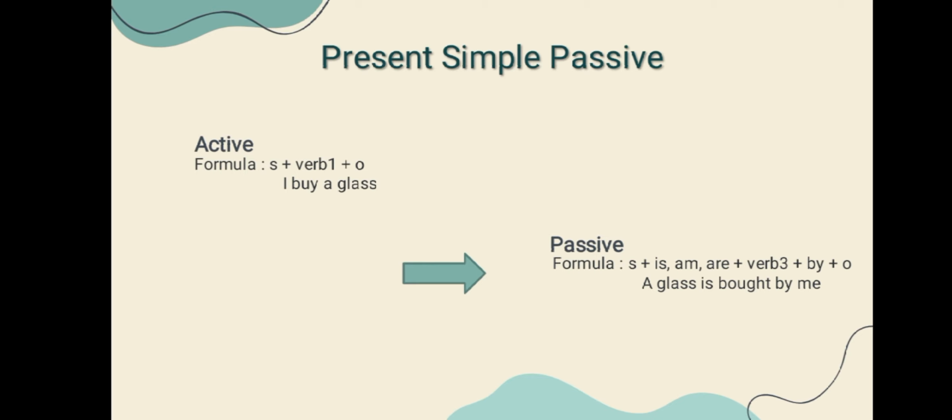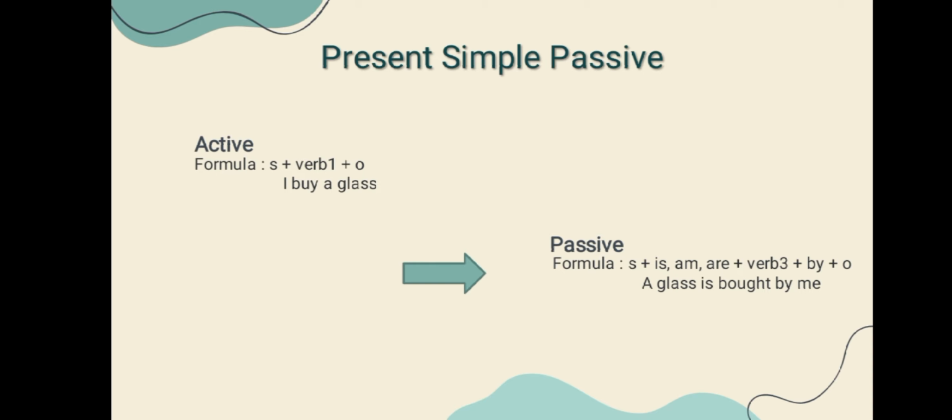Present simple passive. So, the active pattern of present simple passive is subject plus verb 1 plus object.